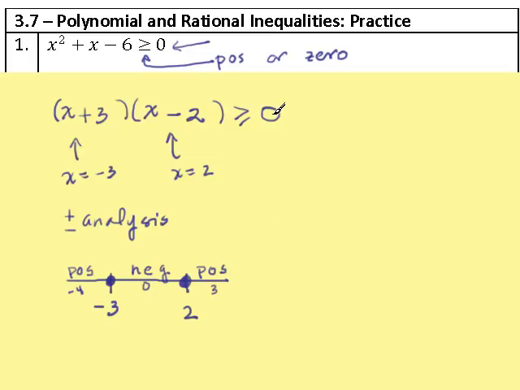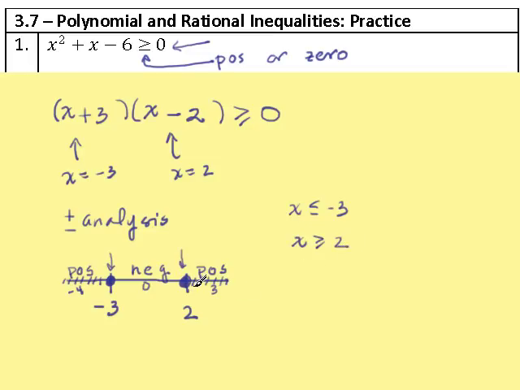Now we want to know, when is this positive or 0? Okay, so here I'm going to just indicate that on these intervals our polynomial is positive, and right here it's 0. So we have this interval here, which is x less than or equal to minus 3, and to the right we have x greater than or equal to 2.